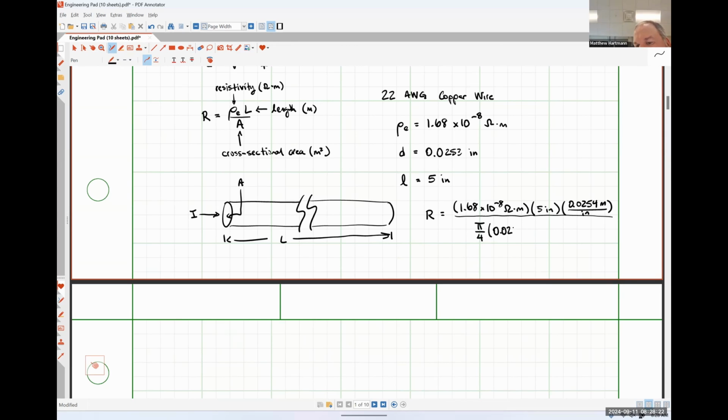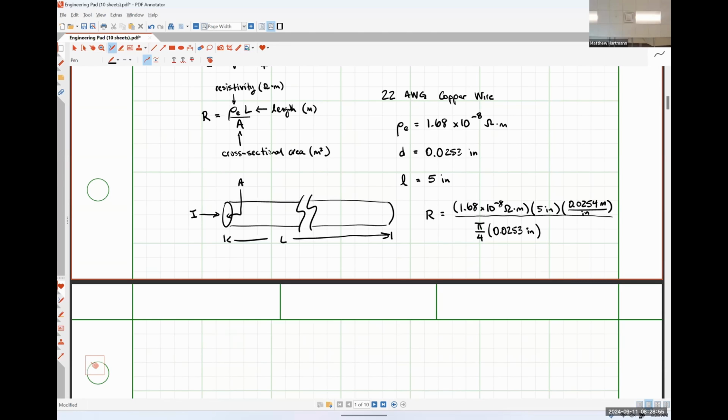So 0.0253 inches. I feel like I have a mistake here just because 0.0254 meters is almost the exact same thing as 0.0253.